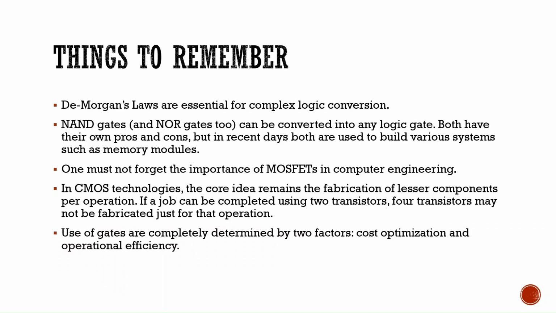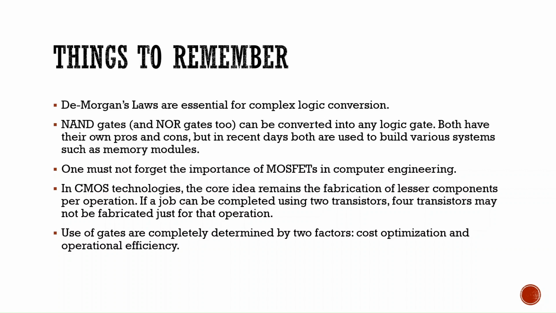So, oh, that's the end. Things to remember. De Morgan's laws are essential for complex logic conversion. NAND gates and NOR gates too can be converted into any logic gate. Both have their own pros and cons, but in recent days, both are used to build various systems such as memory modules. One must not forget the importance of MOSFET in computer engineering, as I actually talked a lot about MOSFETs in the previous video.